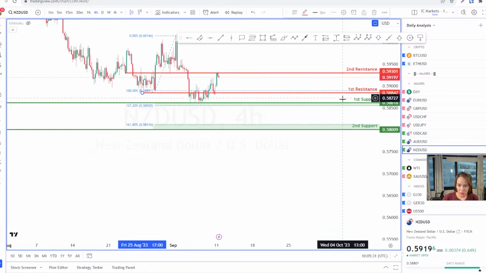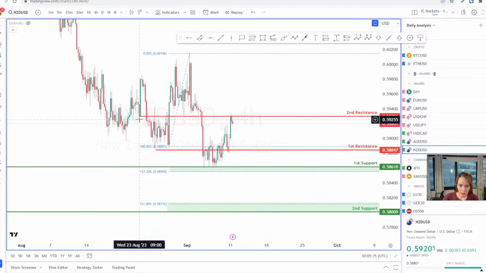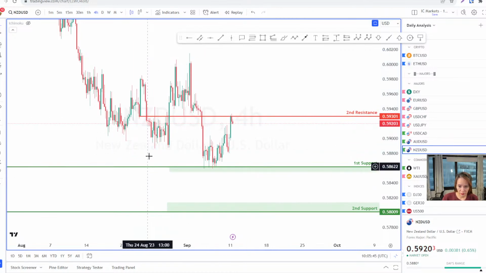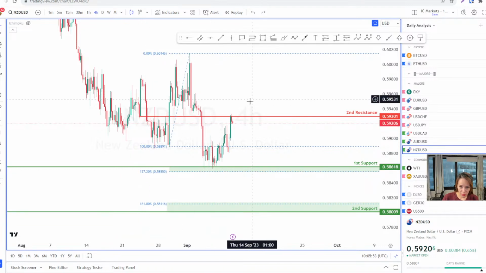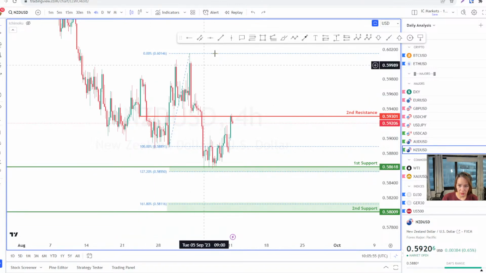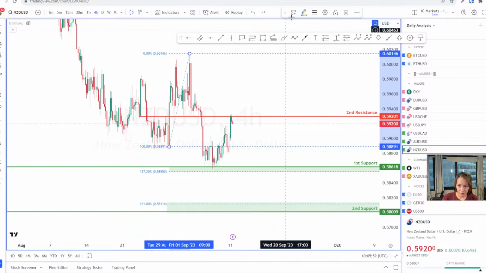If you know how to draw support and resistance correctly, you can see that it respected the first, second resistance last week. And if you want to draw extension, it respects Fibo extension 127.2, and you can see price all the way up.